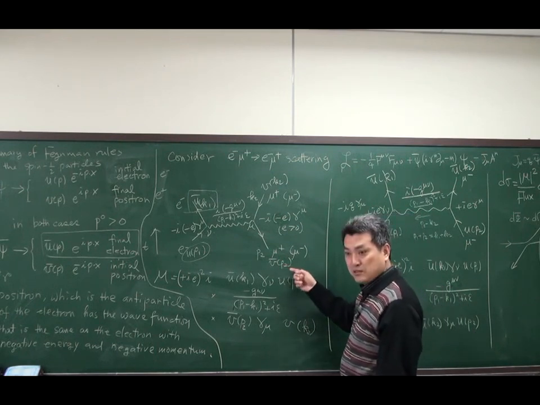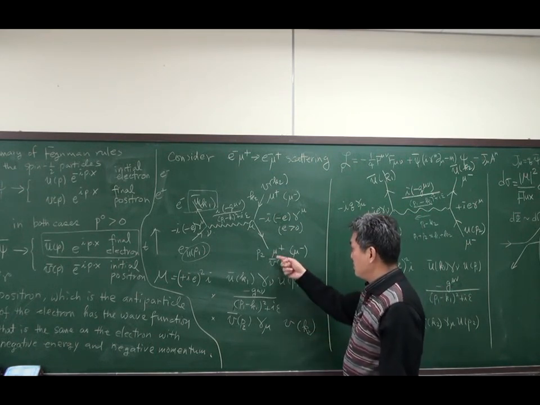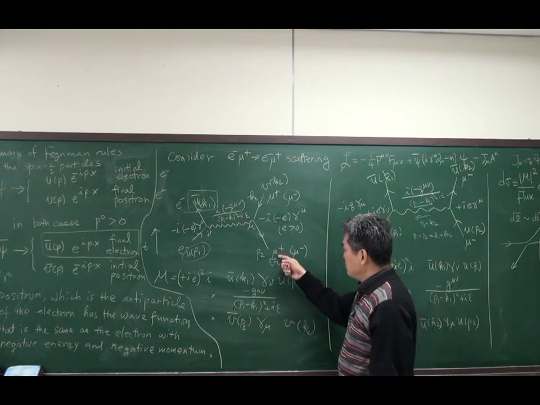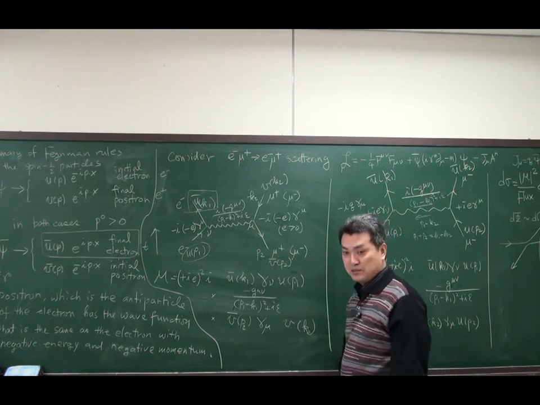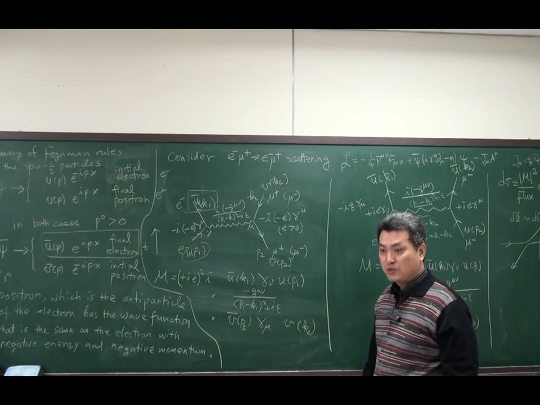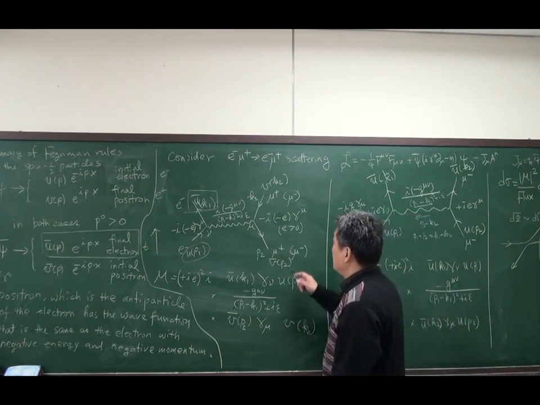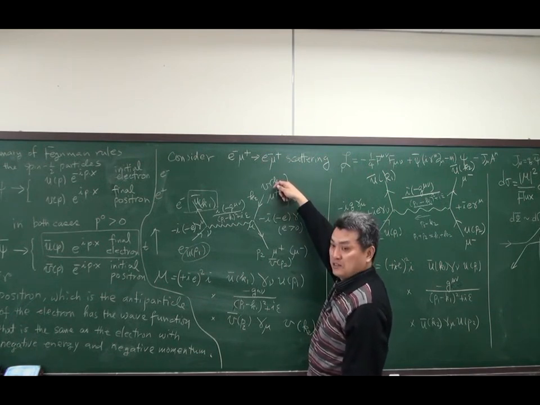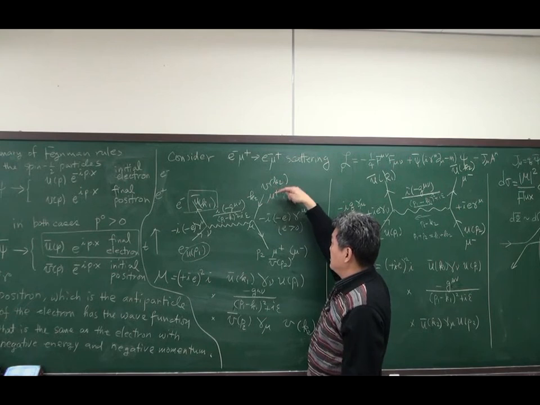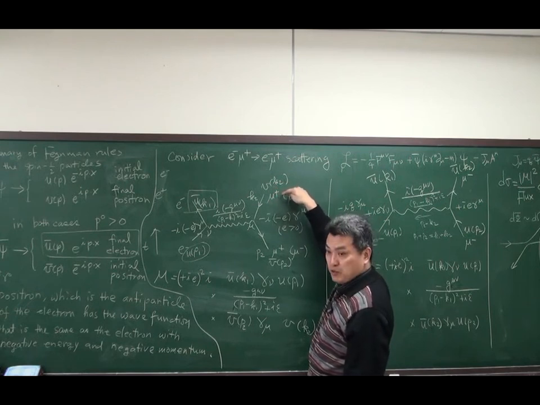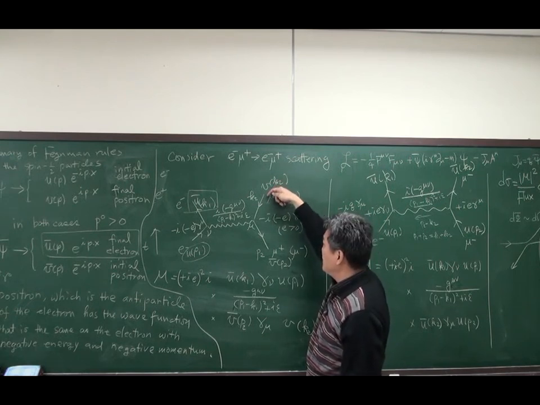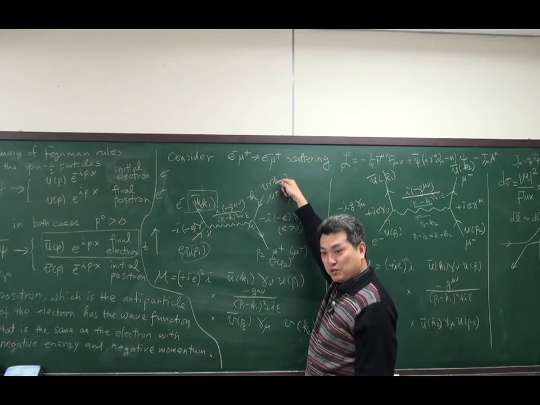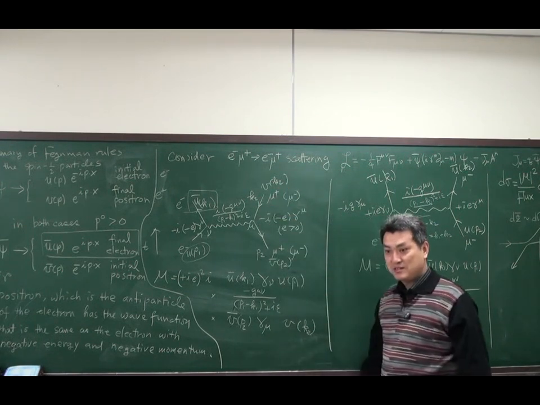Take mu plus, the antiparticle of mu minus. Mu minus is just like the electron, but it has a large mass. It behaves like a negative energy mu minus, not anti-mu. Mu minus is coming in from the future to the past.